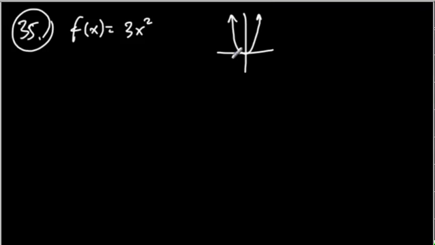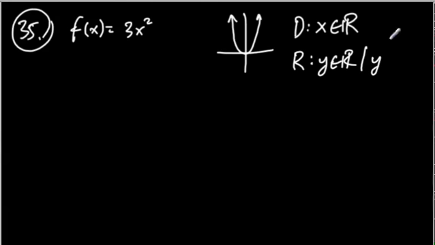So it's vertically stretched by 3. So it should look a little bit thinner. But the domain and range won't really change because we haven't translated it or reflected it or anything. We just stretched it. So x is still an element of reals, and the range is y is an element of reals, but y is now greater than or equal to 0.